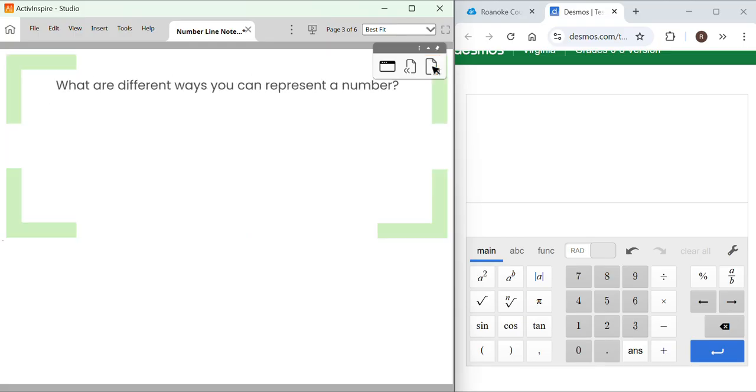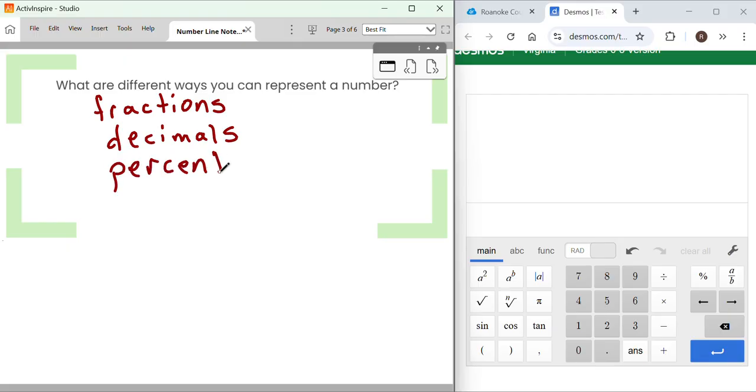Now, what are all the different ways that we can represent a number? There are so many. Okay, numbers can be represented as fractions. They can be represented as decimals. They can be represented as percentages. They can be represented in scientific notation.